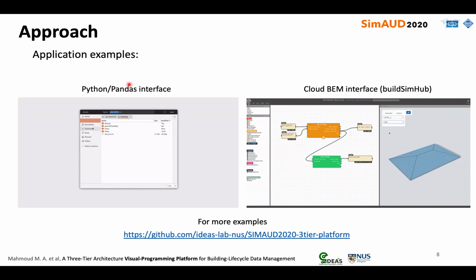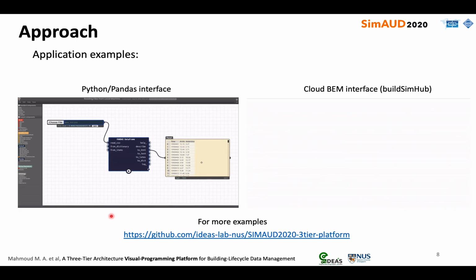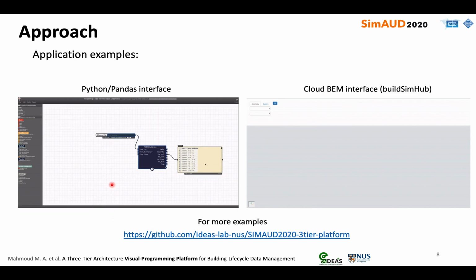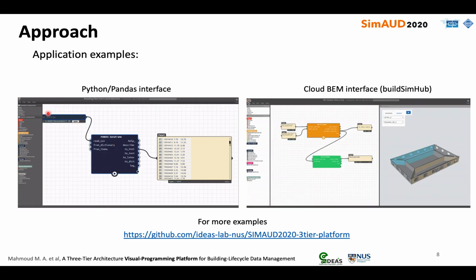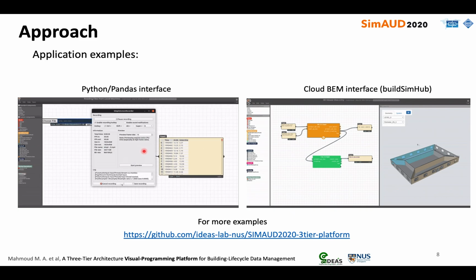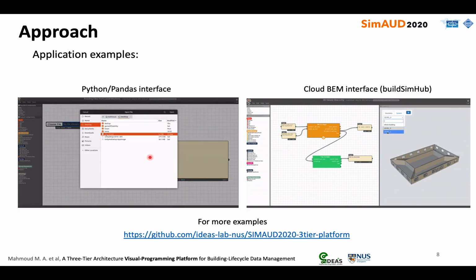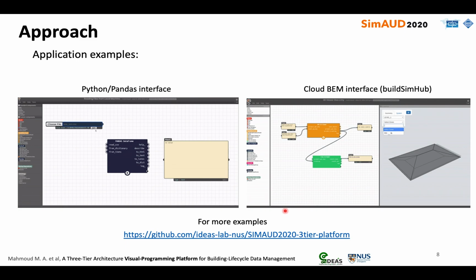These are two application examples of the platform. The first one on the left is an interface to the Python Pandas module, which is a very well-known data analysis library that runs on Python. First, the user uploads the CSV file to the cloud using a file upload component. Then the component reads the file and returns the data frame output in a form of HTML table, text or LaTeX, and so on.